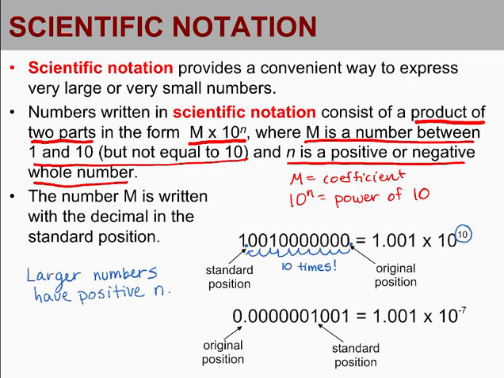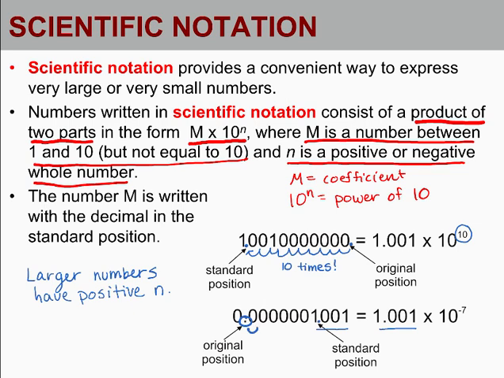So now let's look at the smaller number on the bottom. Our decimal point is originally here, but if we want our coefficient to be between 1 and 10, but not equal to 10, then we need to move the decimal point over here between the 1 and the 0. So in this case, our coefficient is still 1.001. And we just have to figure out how many times we need to move that decimal point in order to get to the standard position.